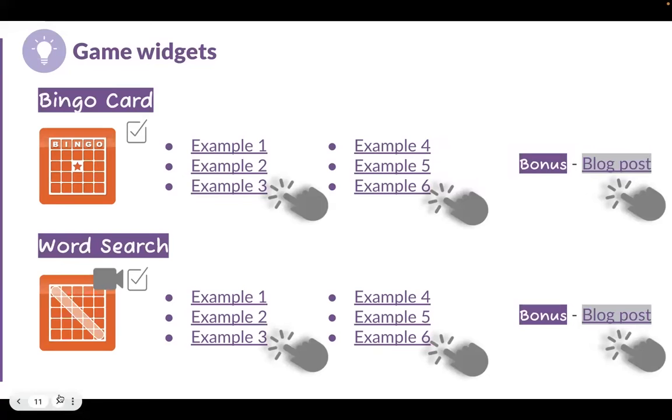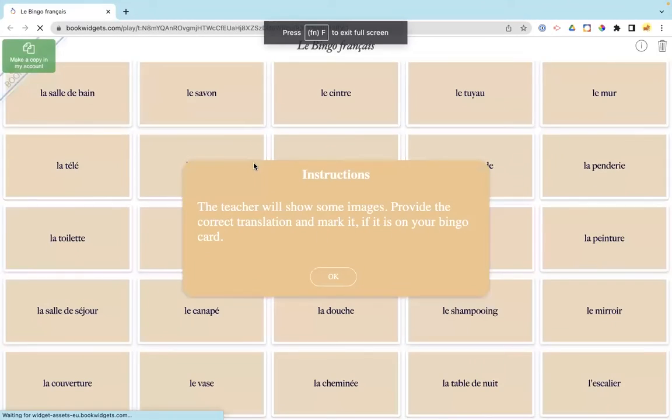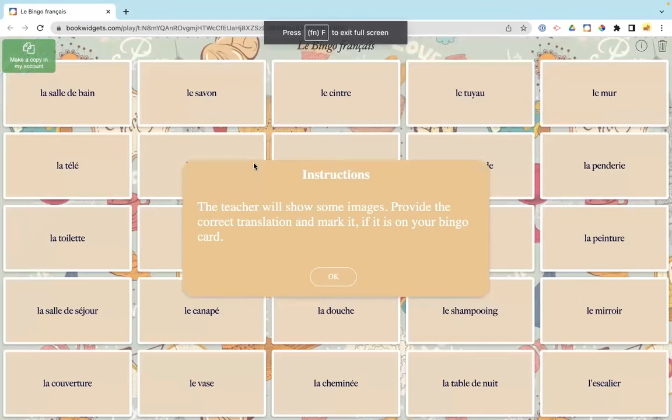Okay, switching over now to bingo cards. So there is no live monitoring with a bingo card, but you can do grading and feedback. So you can play the bingo game, but you could also use it as a way to practice students' listening and viewing skills. So here, the teacher will show some images on the front board using their overhead projector or their smart screen.